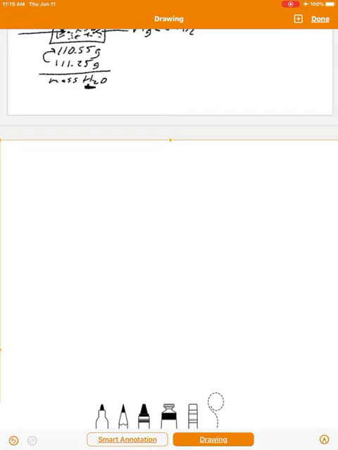So the example we're going to look at is for glucose. Glucose has carbon, hydrogen, and oxygen in it. I'm not going to give the numbers, but we'll figure that out by the end.